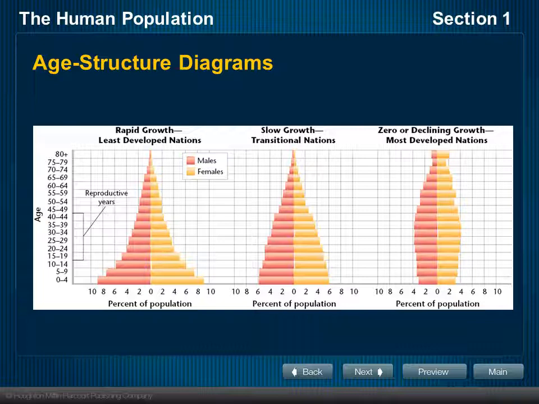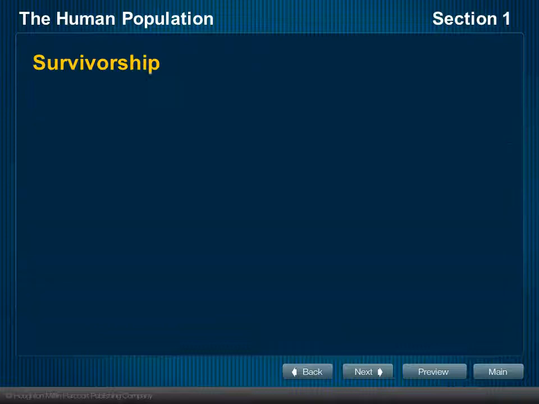There's a significant amount of older people as well in the 70 and up, 65 and up categories. This represents a country that is not growing. This represents a country that is staying the same in population or declining. And demographers are going to use these pyramids to make future predictions about the countries that create these pyramids.